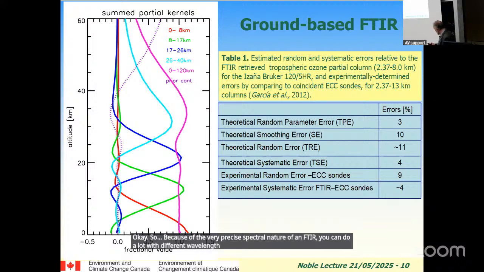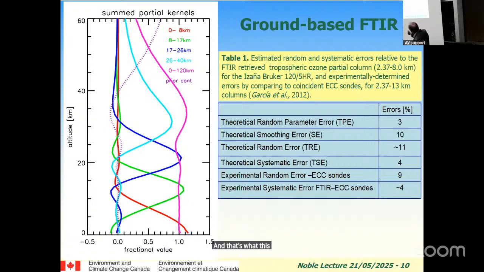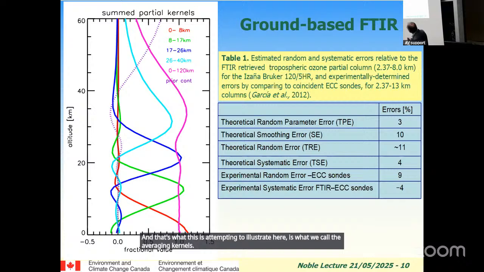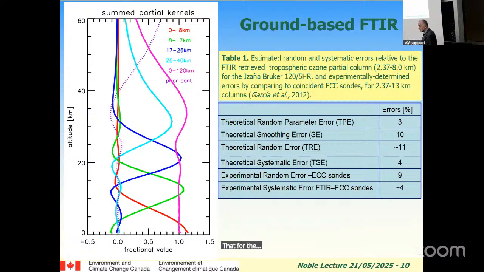Because of the very precise spectral nature of an FTIR, you can do a lot with different wavelength bands, and that's what this is attempting to illustrate here. These are what we call the averaging kernels. For the data inversion, the data reduction, these different spectral bands are more sensitive to certain altitudes of the ozone distribution than others.